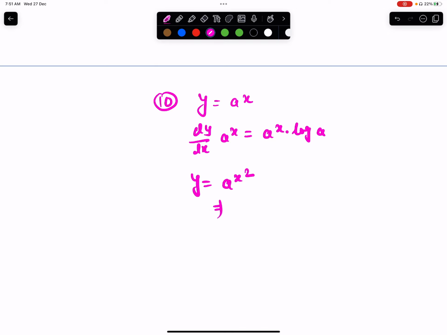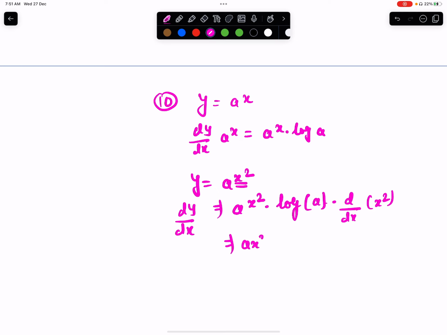So dy by dx is equal to a raised to the power x square into log a, and according to the chain rule, we will differentiate x square also, into 2x.